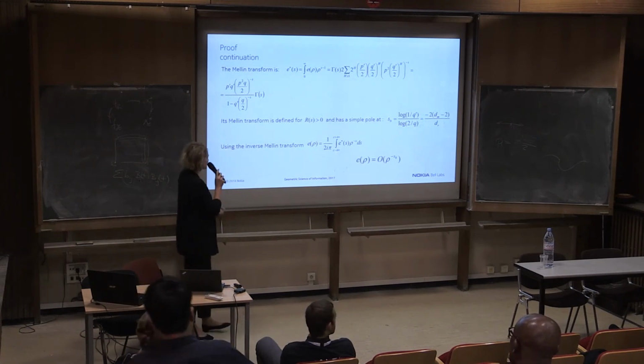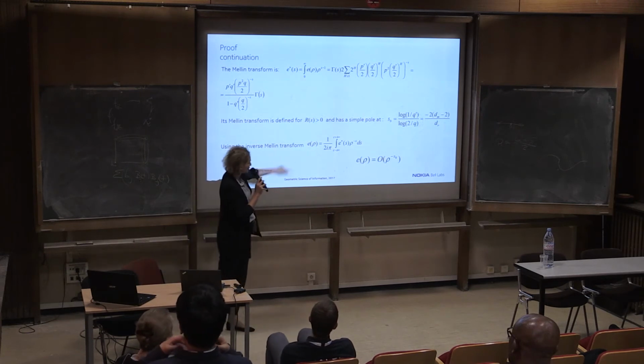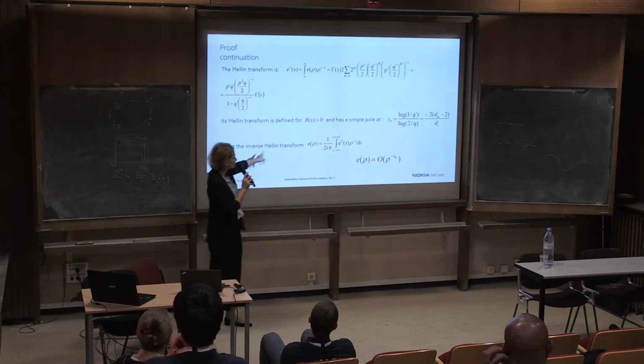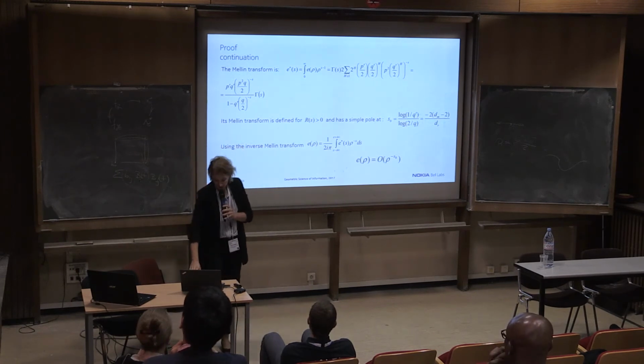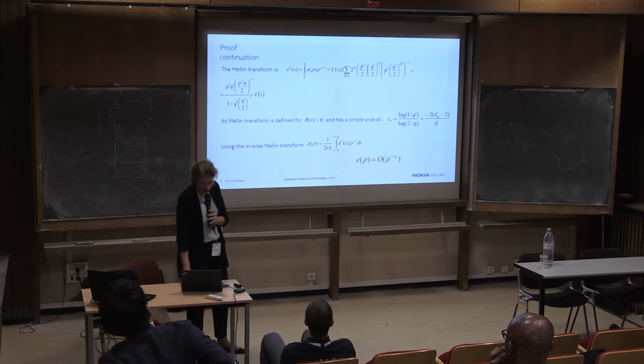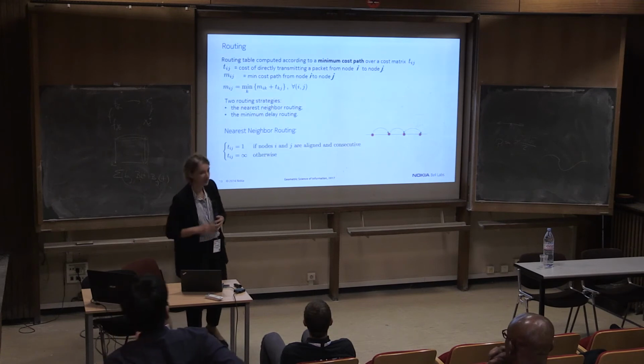And this Mellin transform has a simple pole. Again, we're going to apply the inverse Mellin transform, and we obtain the central result of our paper, regarding the mobile nodes outside the giant component.